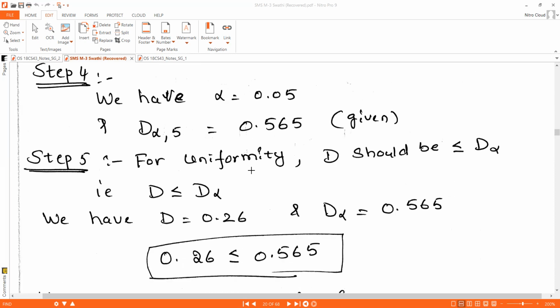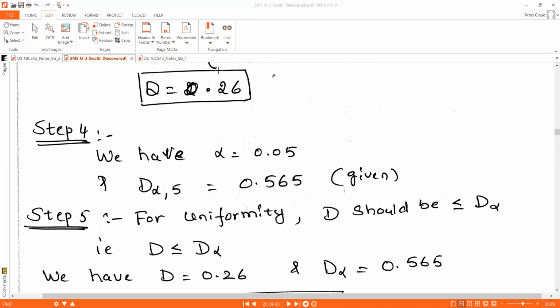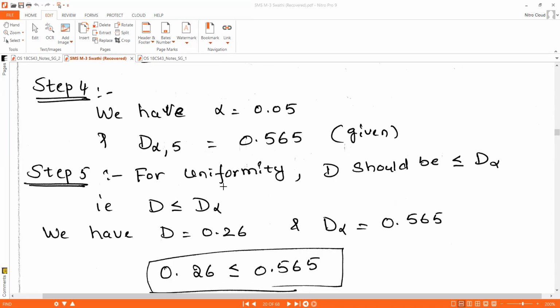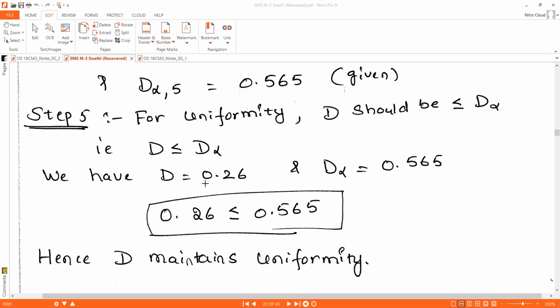We will compare that D alpha value with the D in step 5. For uniformity, D should be less than or equal to D alpha. The D value we got is 0.26, and the D alpha value given in the problem is 0.565. Now we compare: D should be less than or equal to D alpha, that is 0.26 is less than or equal to 0.565.